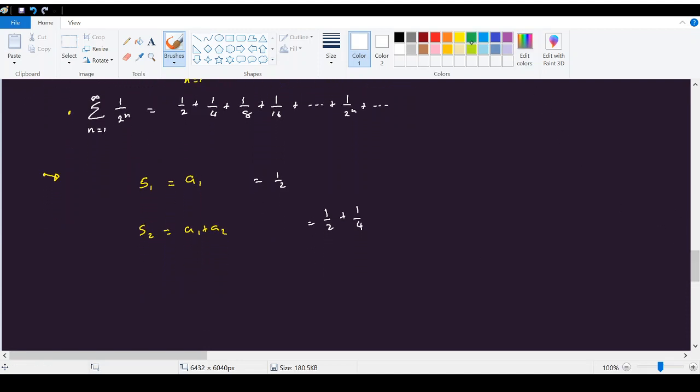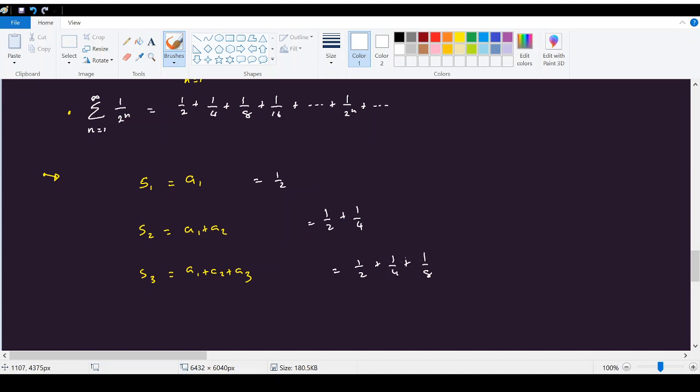And likewise, we define the sum of the first n terms. So here this is a1 plus a2 plus a3 up to a_n, and in this specific example that will be half plus 1 over 4 plus 1 over 8.